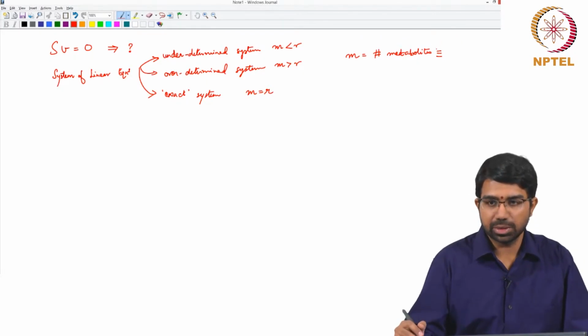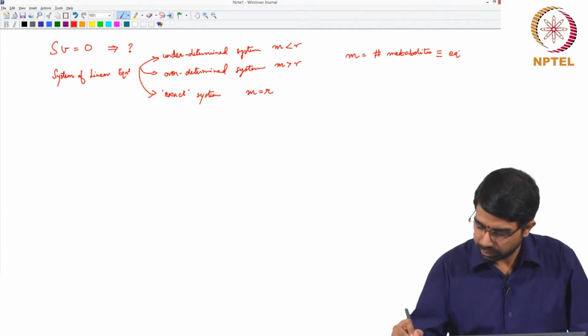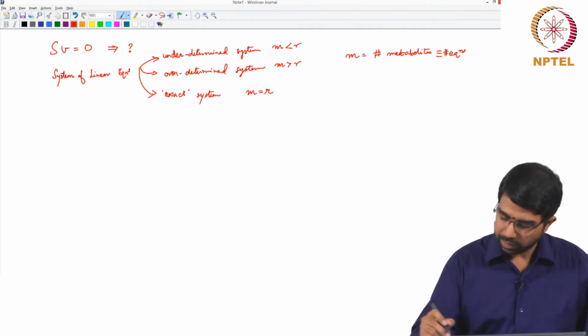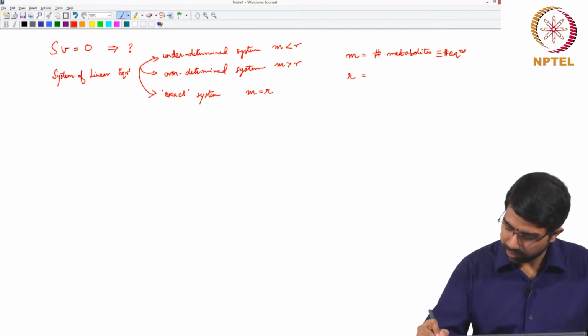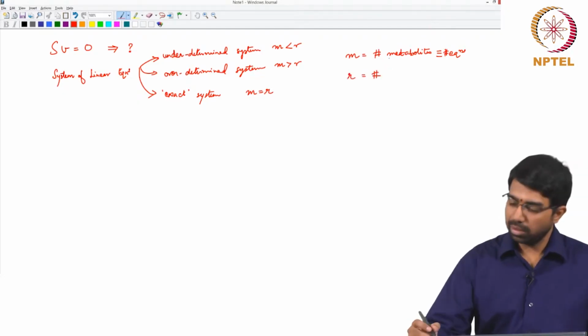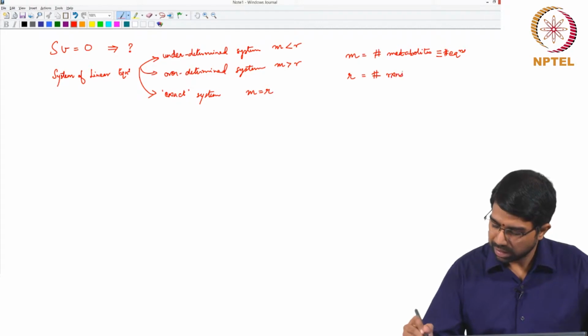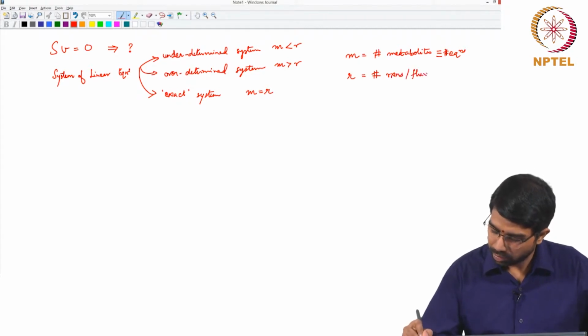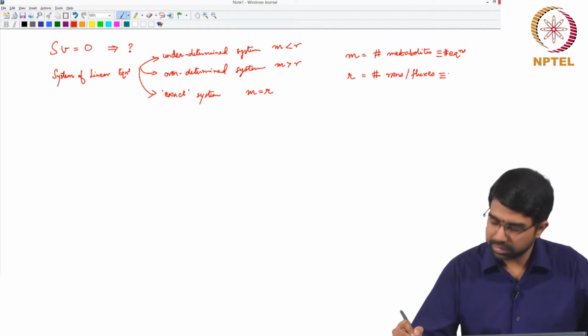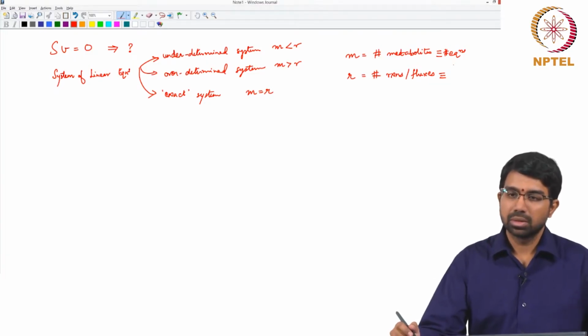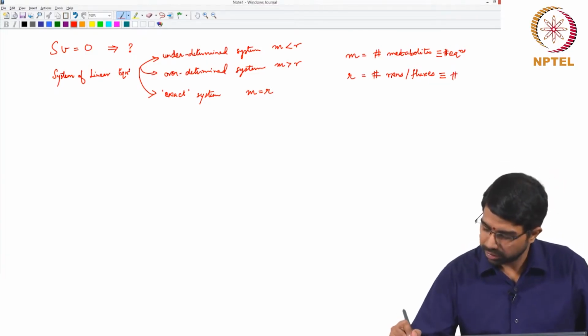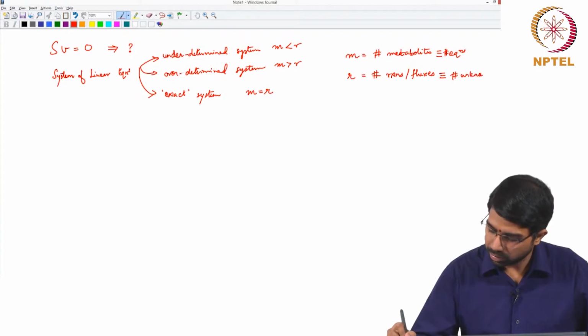Every metabolite has an equation. R is the number of reactions or fluxes, which is the same as variables or unknowns.